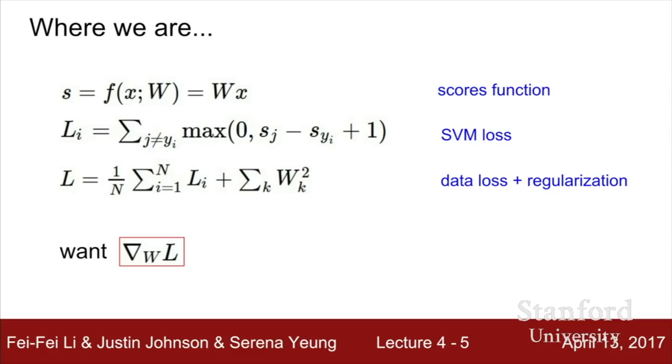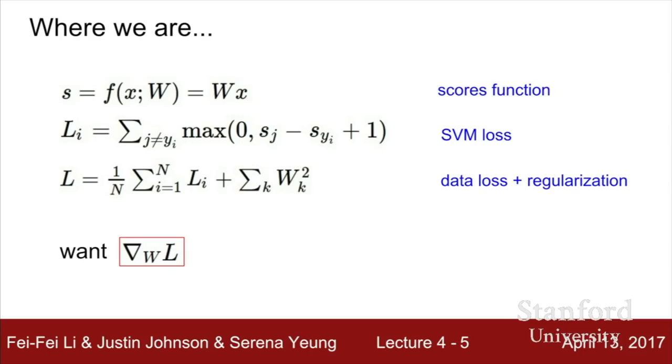Okay, so where we are so far, we've talked about how to define a classifier using a function f parameterized by weights w. This function f is going to take data x as input and output a vector of scores for each of the classes that you want to classify.